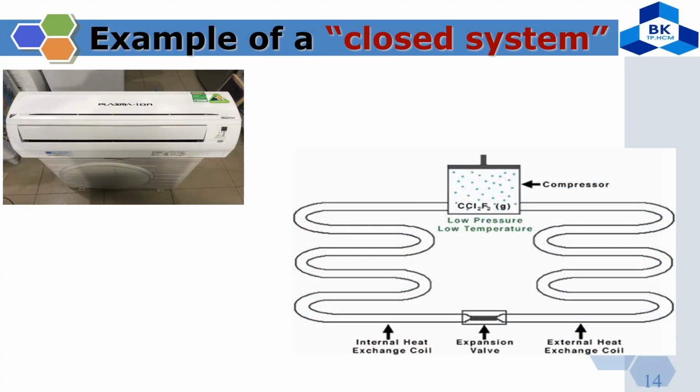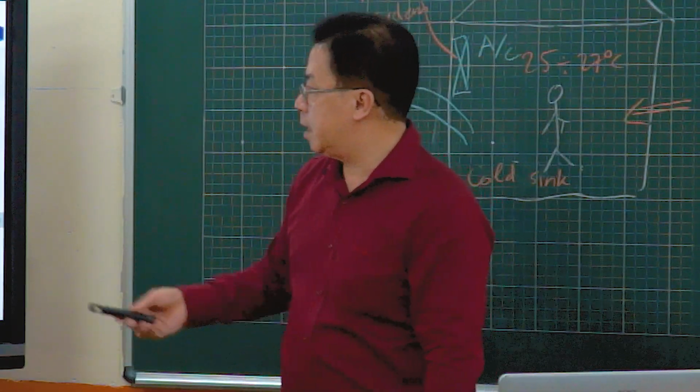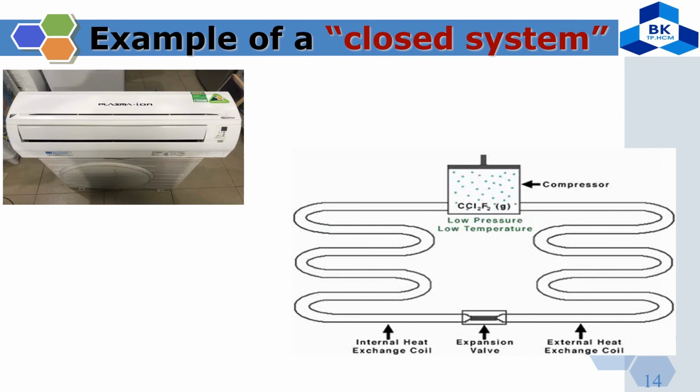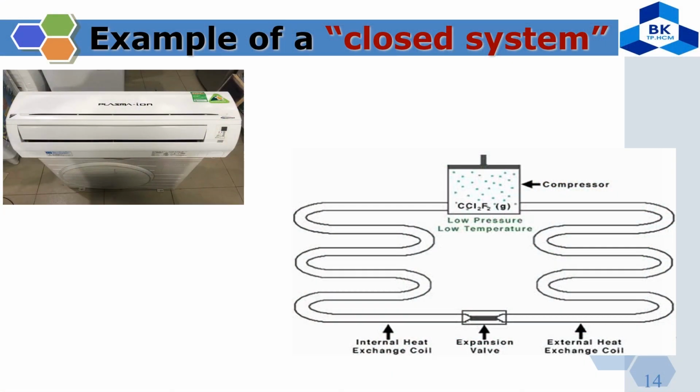But here I just say that inside the air conditioner we have gas, normally we call it freon, for example freon 22, freon 134A. That is the gas inside the system. For an air conditioner, the gas just runs inside the system.